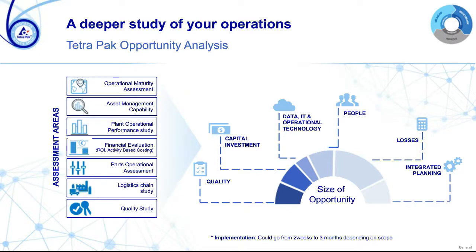Then we can have some opportunities coming from the quality side, some opportunities in capital investment, some opportunities in people, some opportunities in data or operational technology, some opportunities in losses, and of course, in integrated planning as well. So these are the outcomes coming from this study.